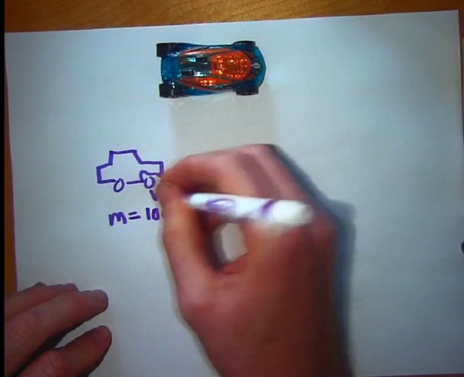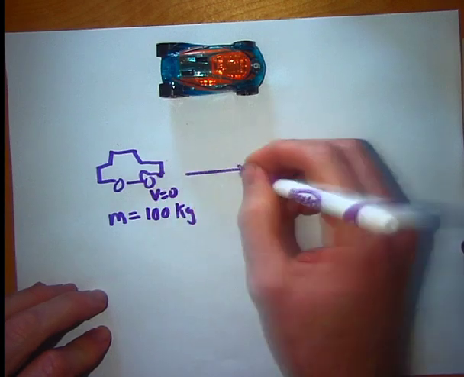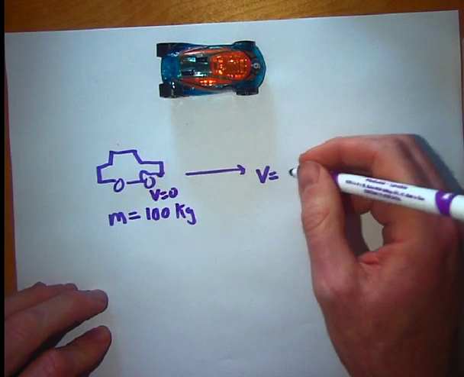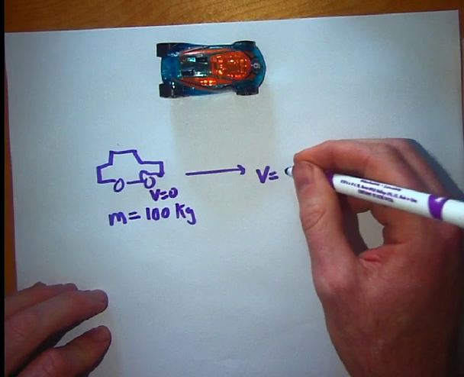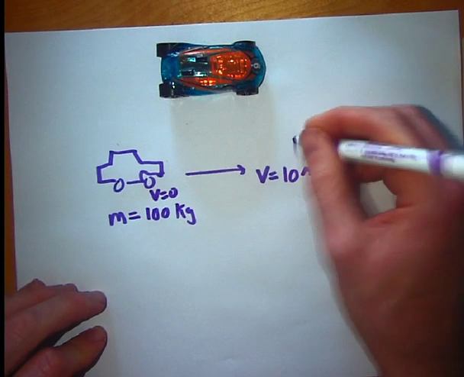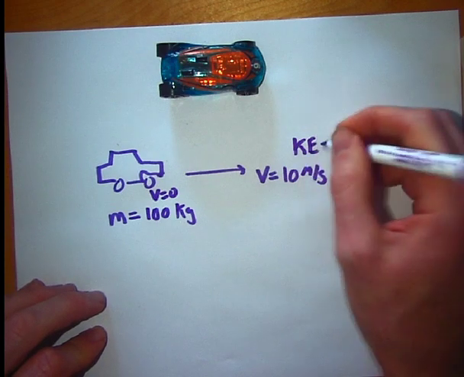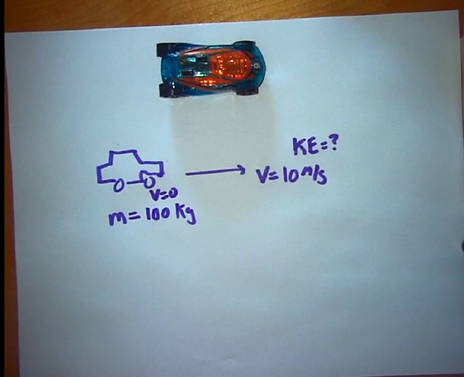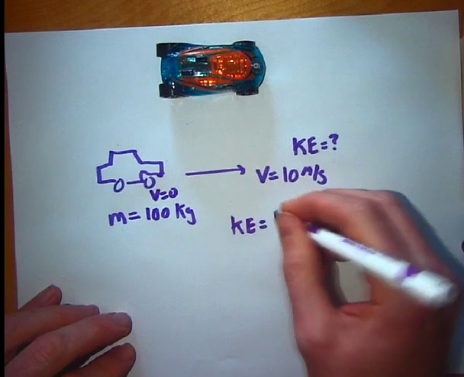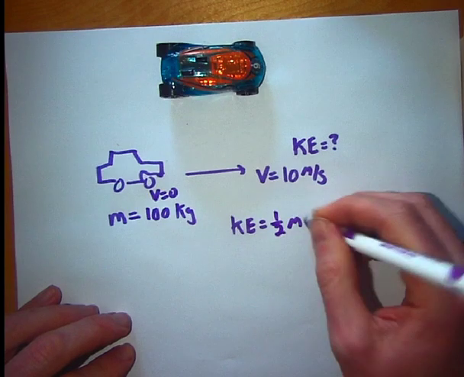And it's going to start off with 0 speed here, and then as it gets going over here, we'll say that it has a speed of, just to make the numbers really easy, 10 meters per second. And I want to figure out how much kinetic energy the car has after we've sped it up. Kinetic energy is 1/2 m times v squared.